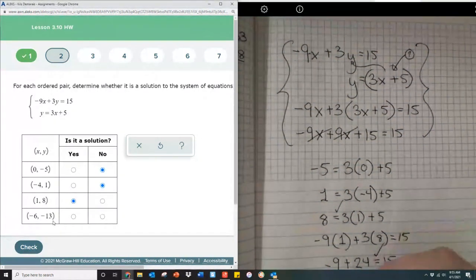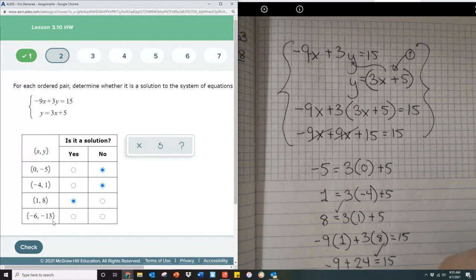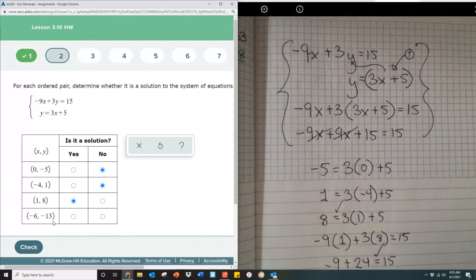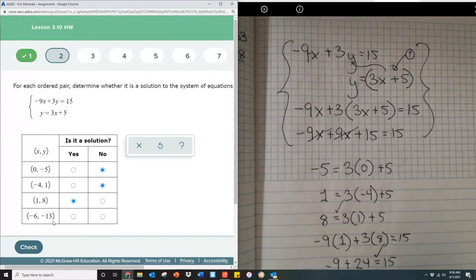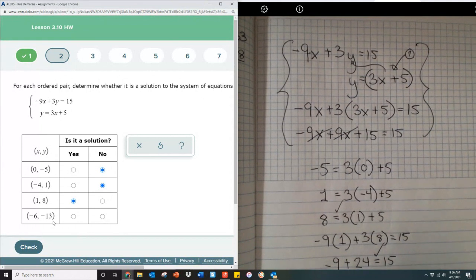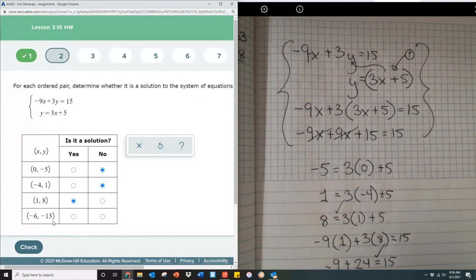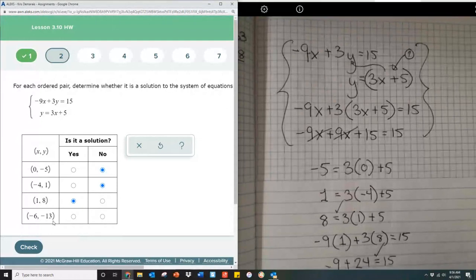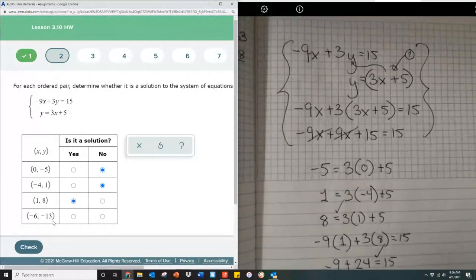All right. I do negative 13 equals 3 times negative 6 plus 5. This is going to give us negative 18 plus 5. That does give us negative 13. So I move on to the next one. Negative 9 times negative 6 plus 3 times negative 13.